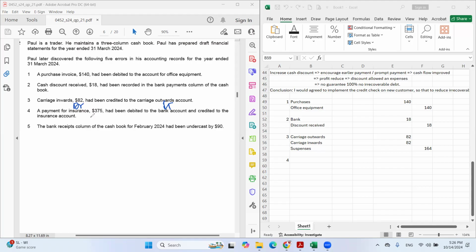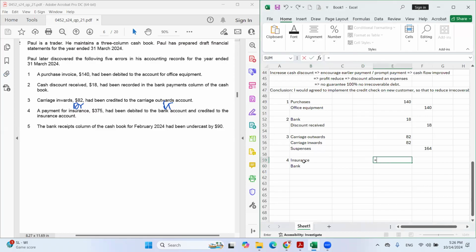This is complete reversal. The error of complete reversal will have to be doubled up. So we have to debit insurance double amount and credit bank double amount. One, to reverse the error. Second, to put back the correct one. So this is complete reversal. Debit insurance and credit bank.